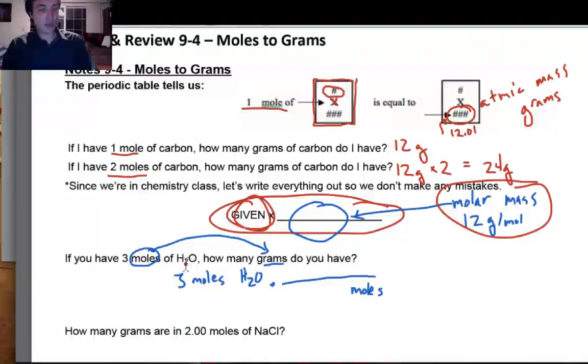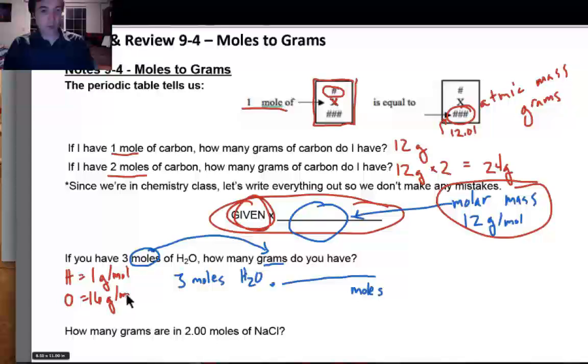So how do we figure out the molar mass of water? Well, we add up the mass of each atom in the water molecule. Hydrogen, if we go to the periodic table, has a molar mass of 1 gram per mole. Oxygen, on the other hand, has a molar mass of 16 grams per mole.